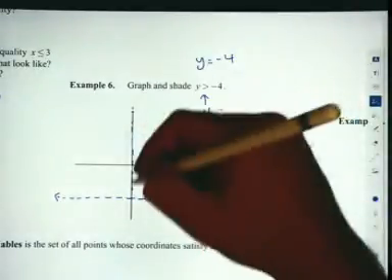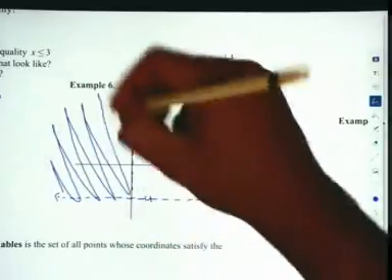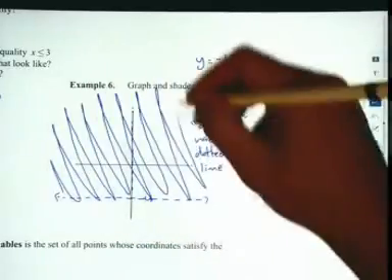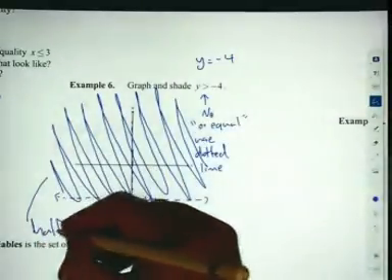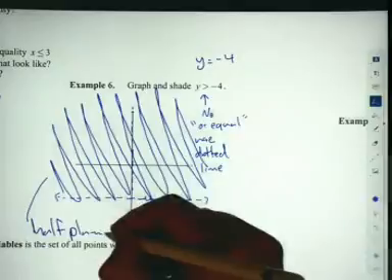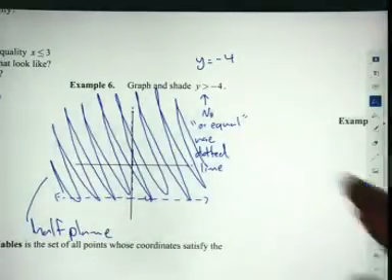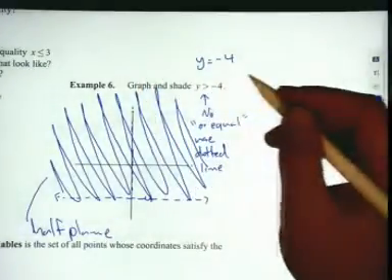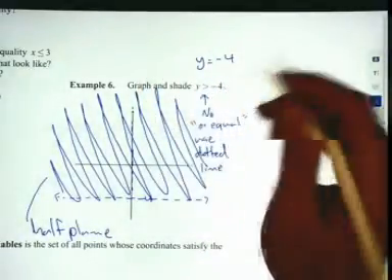So we don't just shade the line, we shade all of this region, what is called, again, a half plane. We're talking about every single ordered pair that would fit in this half plane. That's what the graph of y greater than negative 4 looks like.